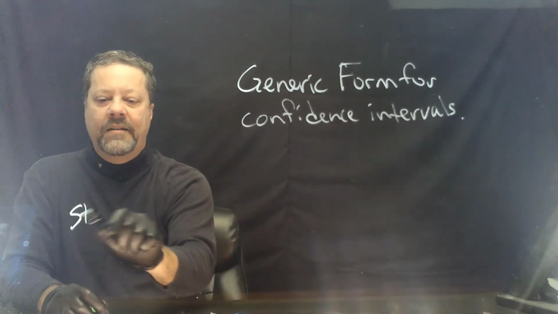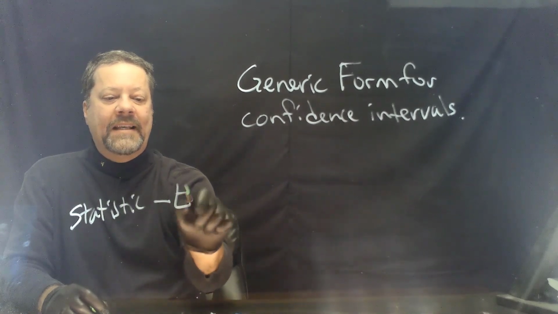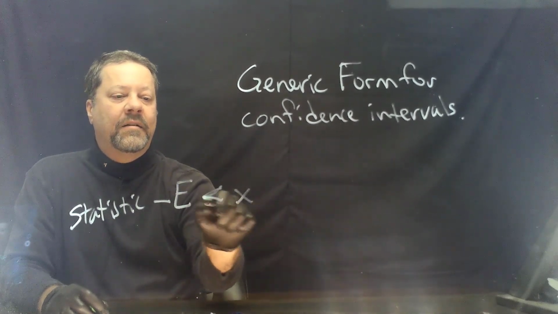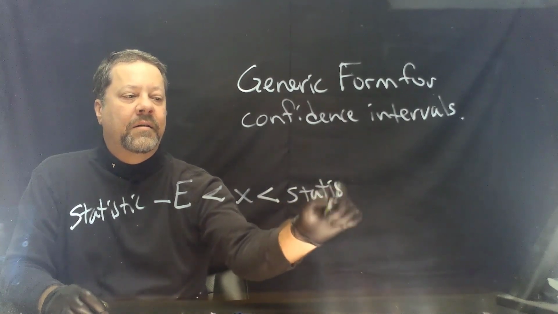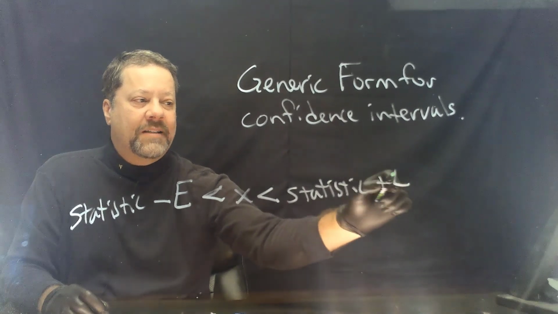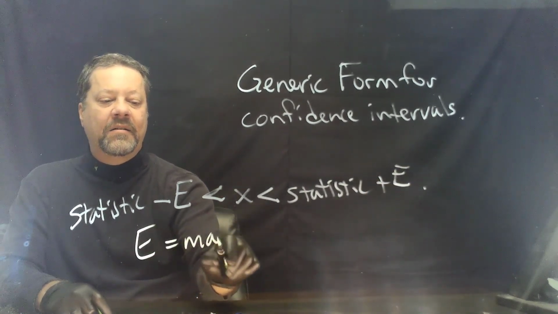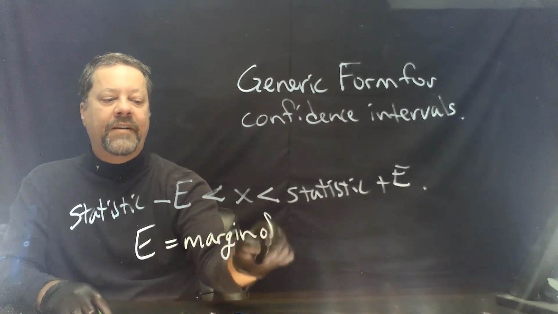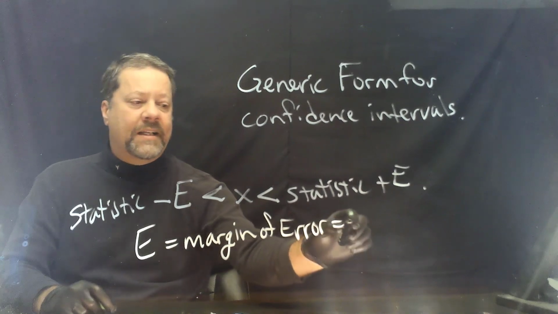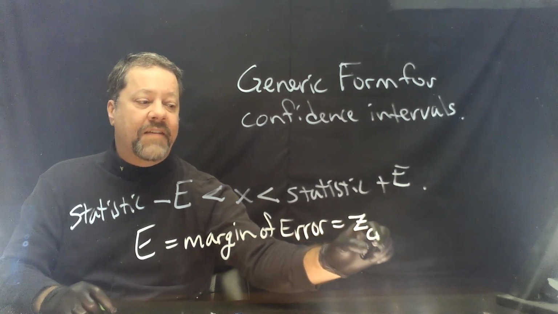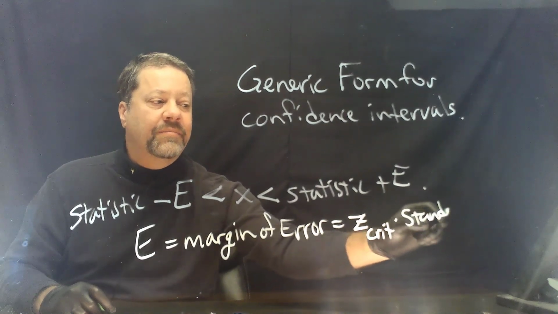We'll have the statistic minus e to the statistic plus e, where e is the margin of error, and it usually takes the form of a critical z-score times a standard error.